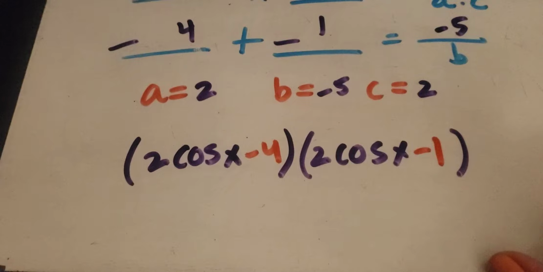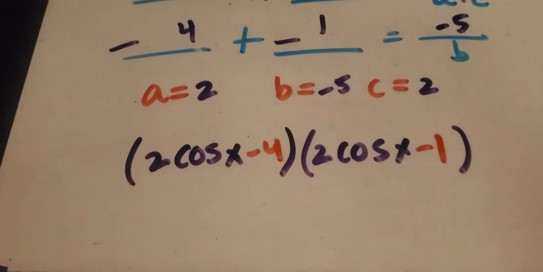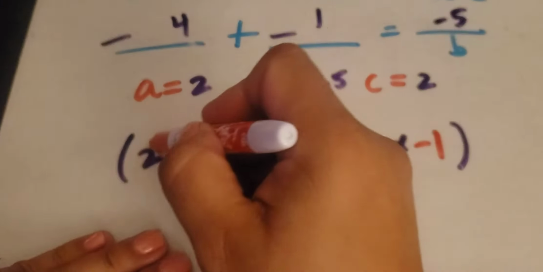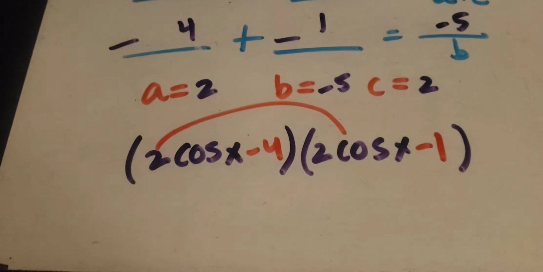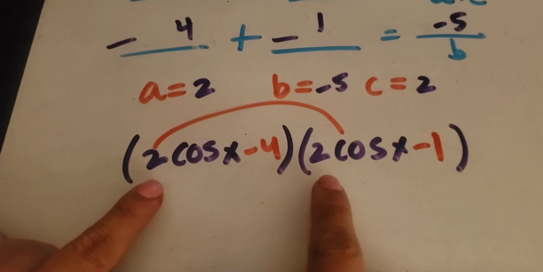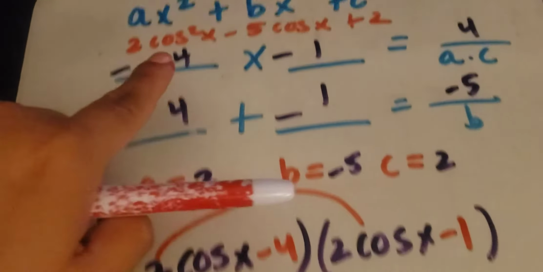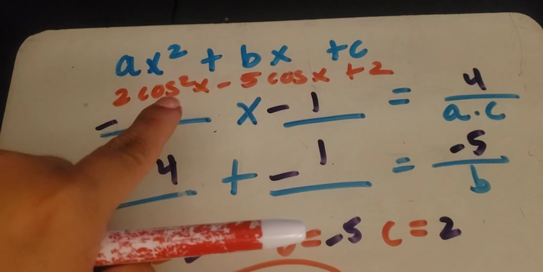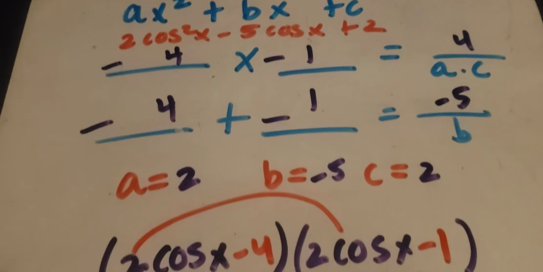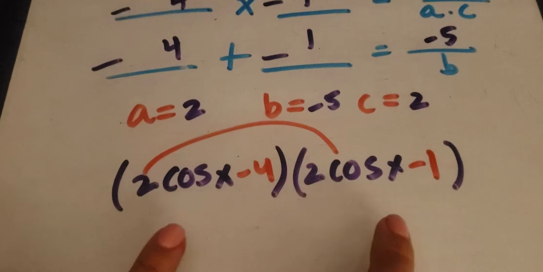And so if you were to do FOIL and multiply your first terms, you would end up with 4 cosine squared of x. But we don't want 4 cosine squared of x. We just want 2. So you're going to have to get rid of one of the 2's.